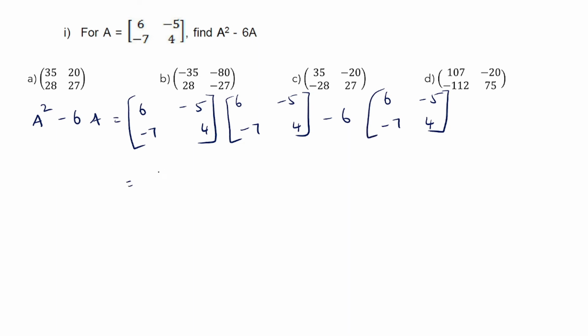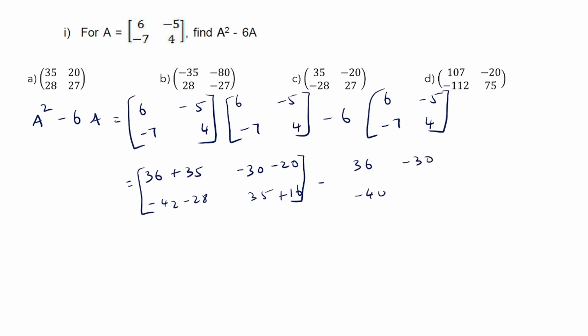So this is equal to, we need to multiply the elements of the first row with the elements of the first column and add. So we get 36 plus 35, then minus 30 minus 20, then minus 42 minus 28, then 35 plus 16, minus 36, minus 30, minus 42, and 24.